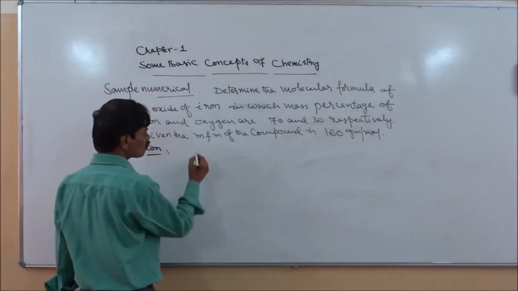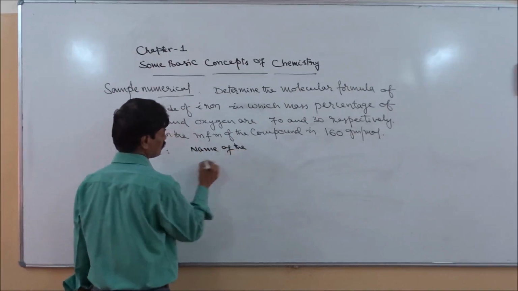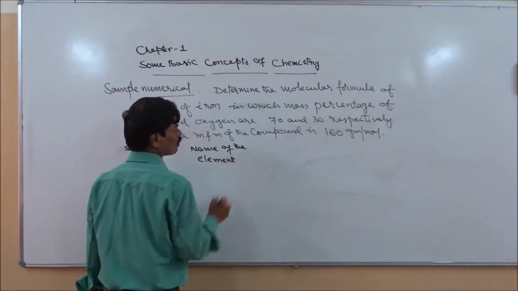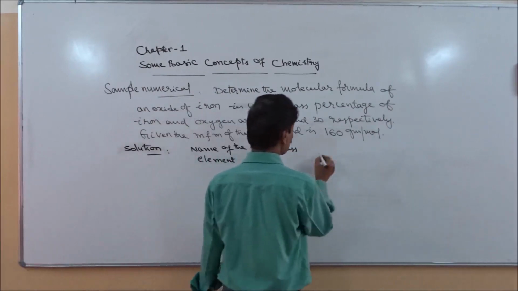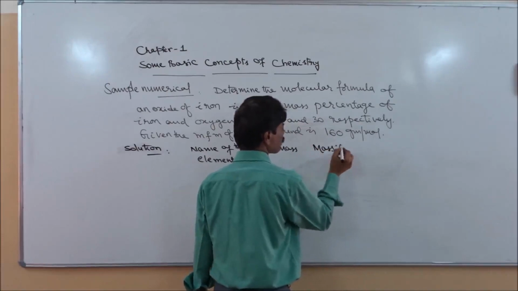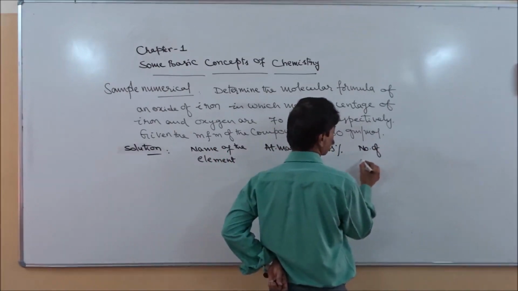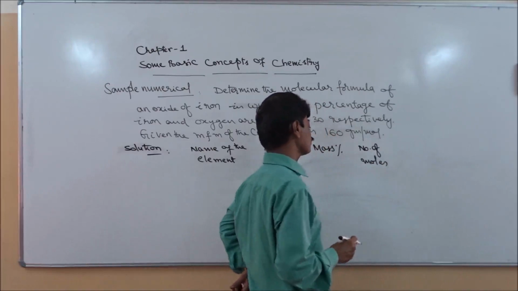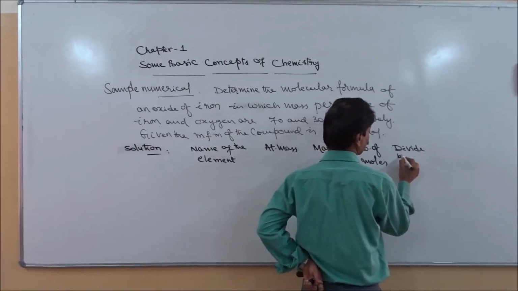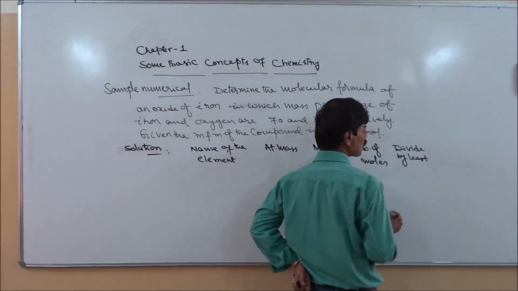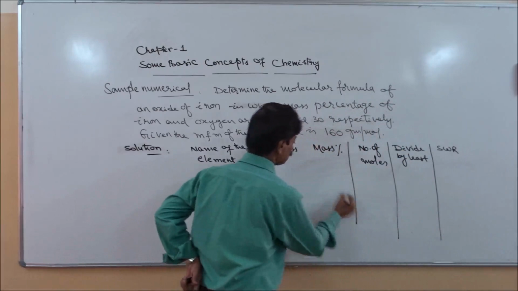In the table, the first column should be the name of the element, next atomic mass, third column mass percentage, fourth column number of moles, fifth column divide by least, and last column simple whole number ratio. This is what you need to remember.